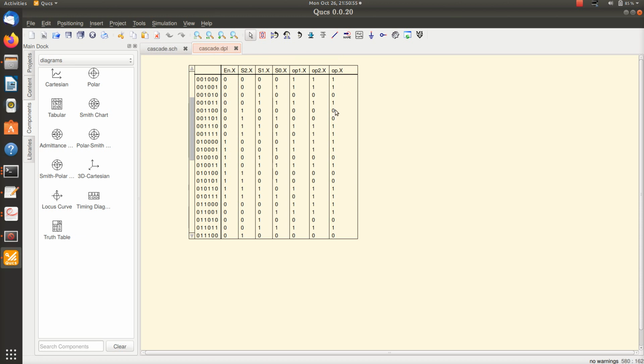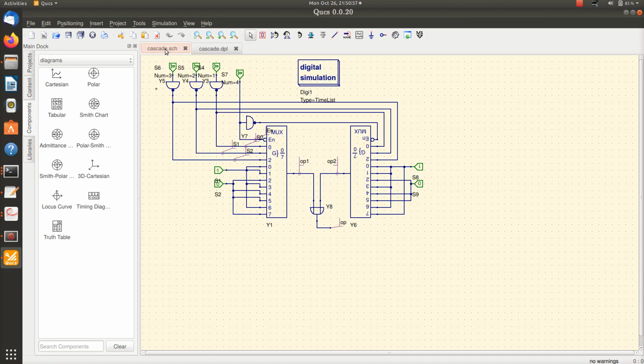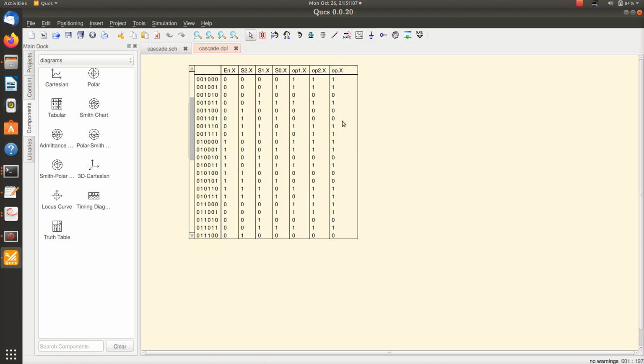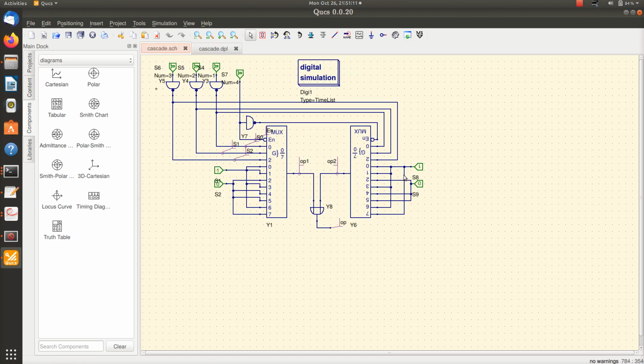1 1 0 1, then 2 zeros, 1 1. You can see that there are 2 zeros, then 1 1. Then I have 2 zeros, 1. Then you can see that these are ones, this is a 1 1 0 1.